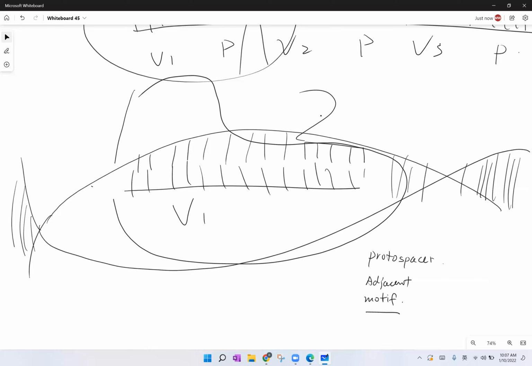What's a motif, guys? You guys, English is better than mine. What's a motif? It's just a symbol, it's just a marker, right? What does it mark? You need to memorize the location very accurately, okay?